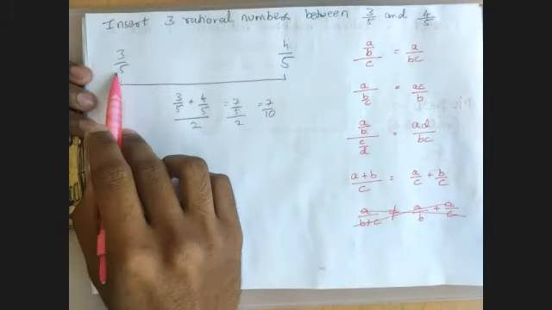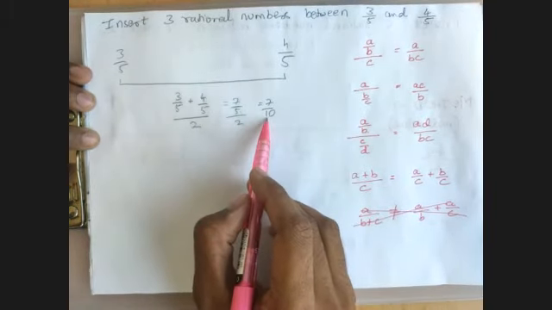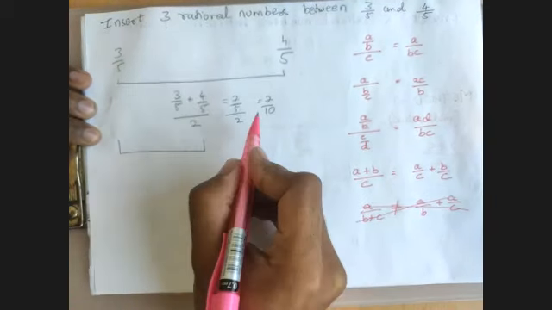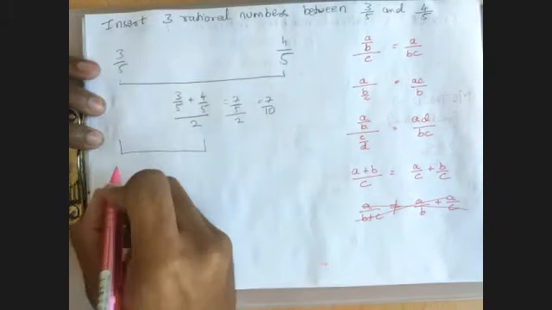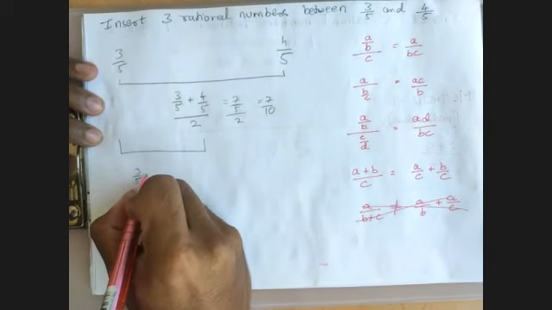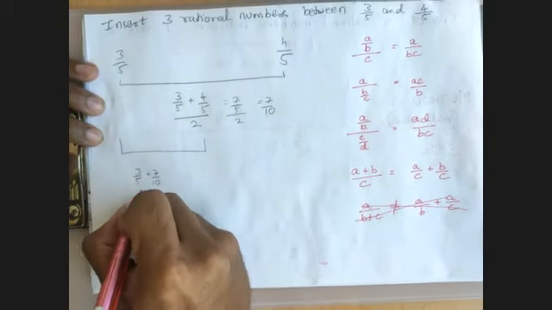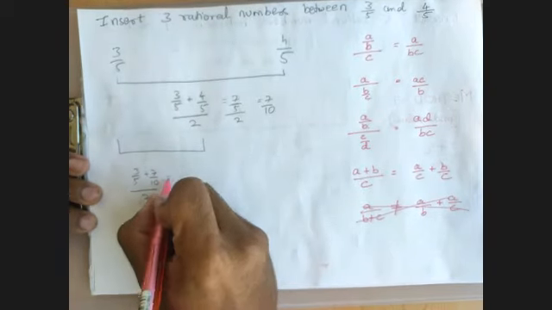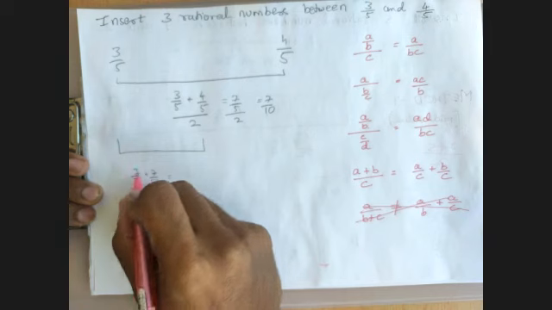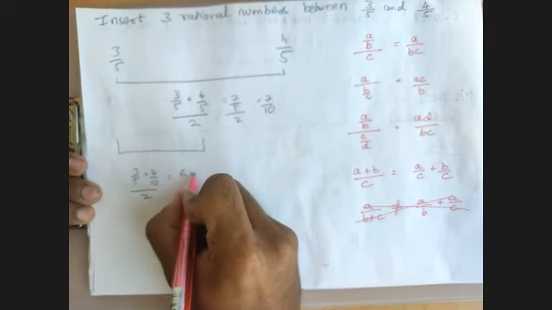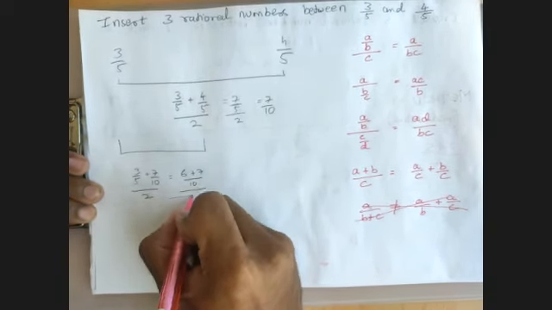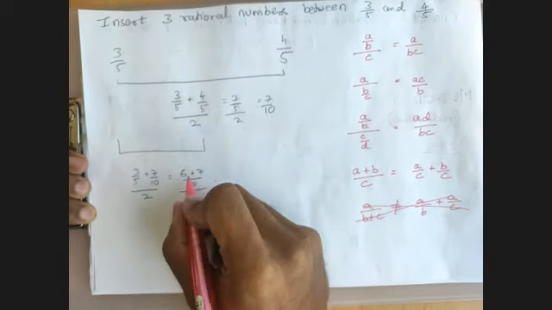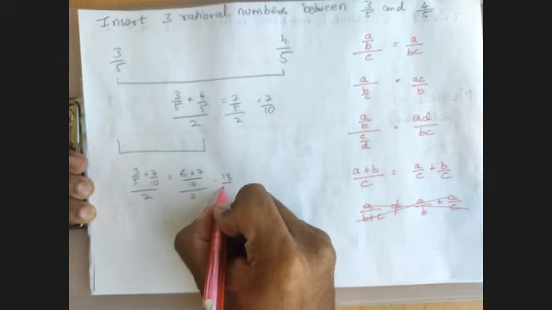We got the midpoint between 3 by 5 and 4 by 5 as 7 by 10. Now let us find the midpoint between 7 by 10 and 3 by 5. So that is 3 by 5 plus 7 by 10, by 2. So if I take an LCM, that would be equal to 3 2s are 6 plus 7 by 10, by 2. So that would be equal to 7 plus 6 is 13 by 20.